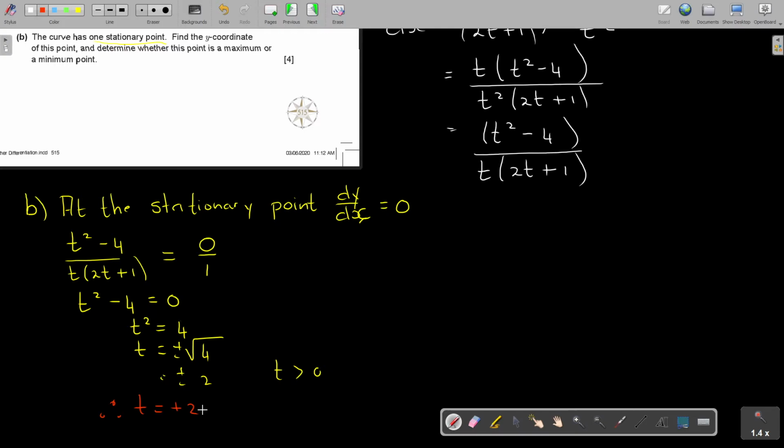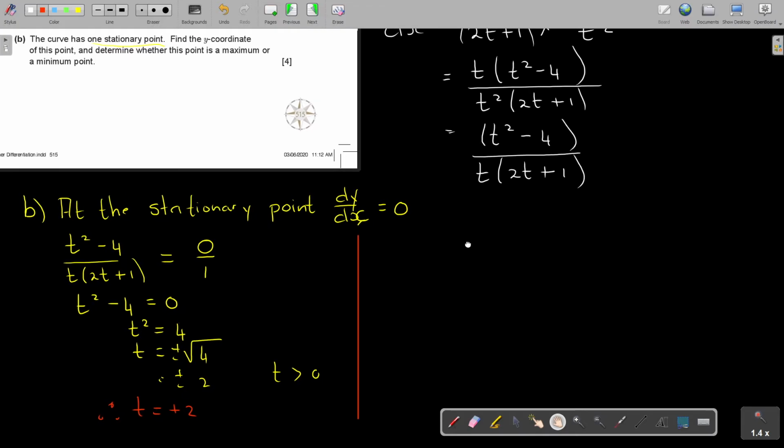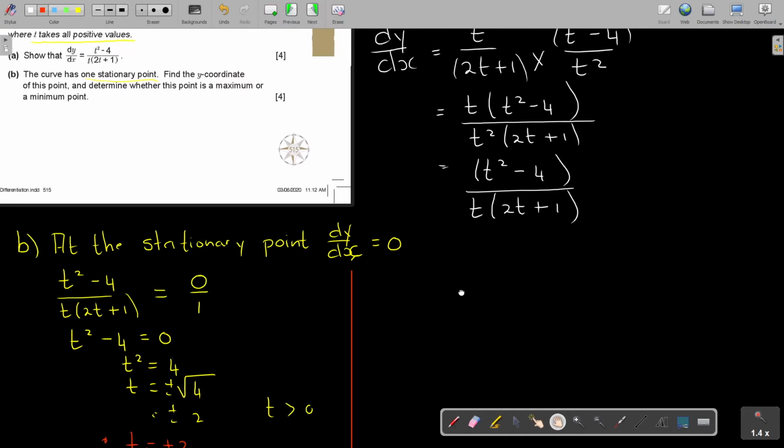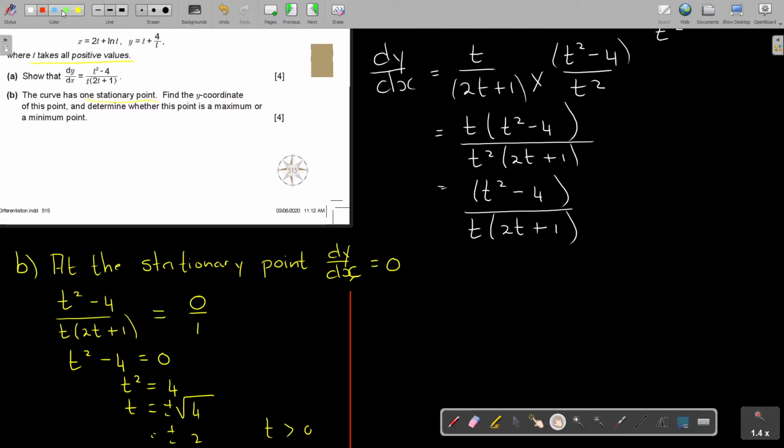Okay, now I go on. They say I must find the y coordinate, so they just want the y. So I go to my original equation for y, and remember y is t plus 4 over t.